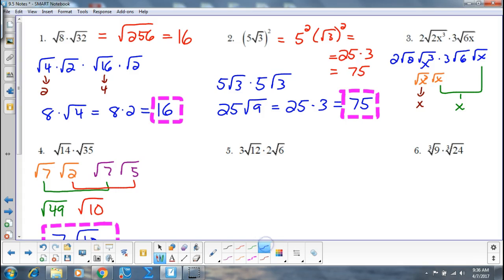So that gives me 2 times 3 is 6 times x squared times the square root of 12. Do I like the square root of 12? Why not? Into the square root of 4 and the square root of 3, right? So this gives me 12x squared times the square root of 3.